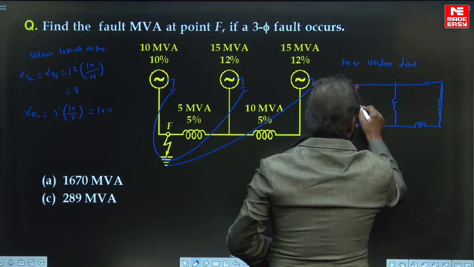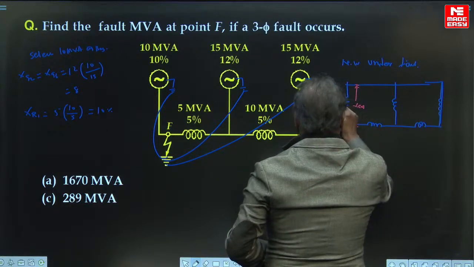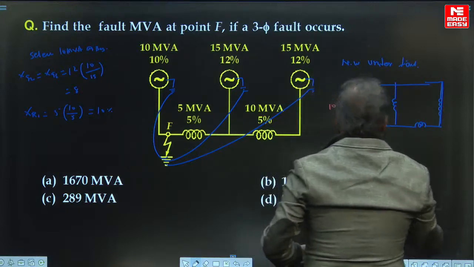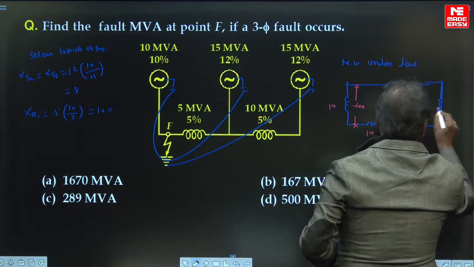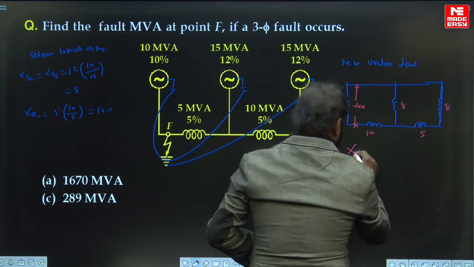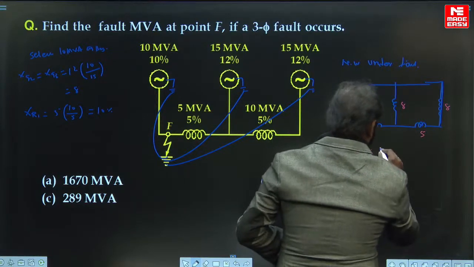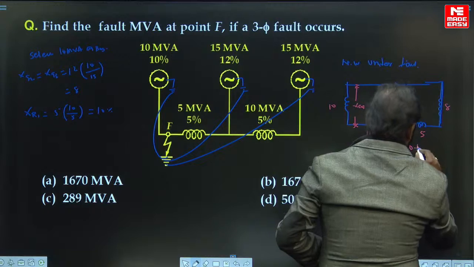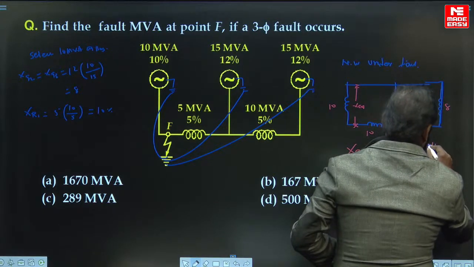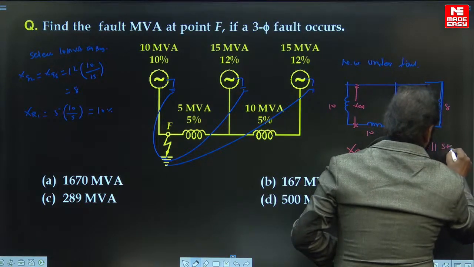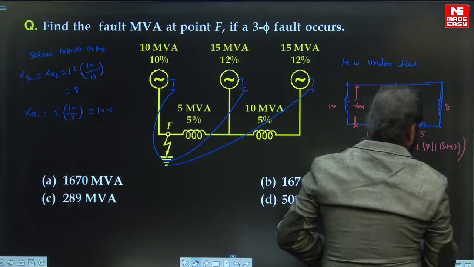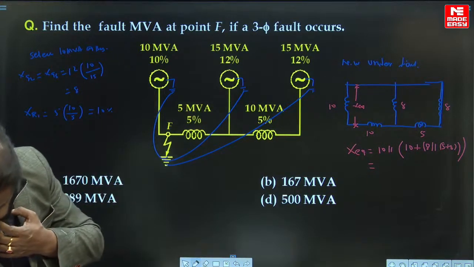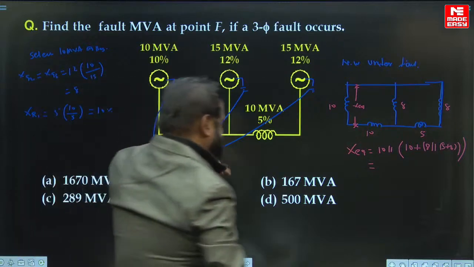Here this is 10, this is 10, this is 5, this is 8, this is 8. So X equivalent is this 10 in parallel with this 10, plus 8 in parallel with 5, plus 8. This X equivalent comes to 6%.